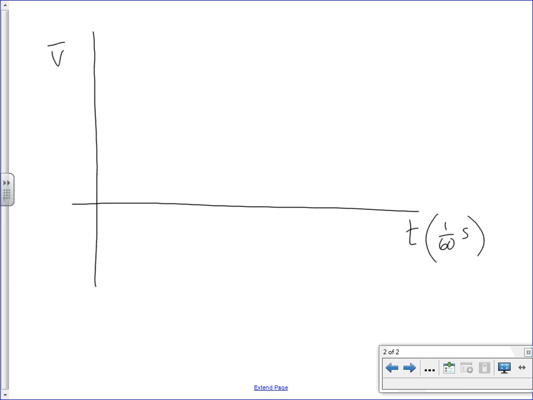Okay, so at the first 60th, how fast? At the second 60th, how fast? At the third 60th, how fast? At the fourth 60th, how fast? As opposed to doing, this is 0.000167, this is 0.00333 or something like that. Don't bother with that. Just write them in 60ths of seconds. Okay?